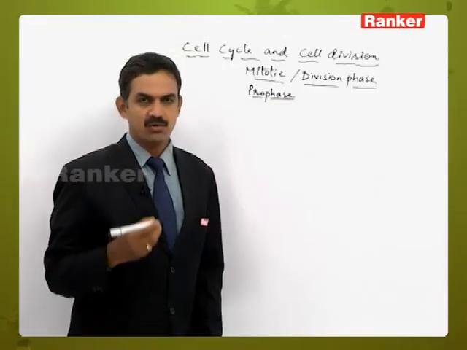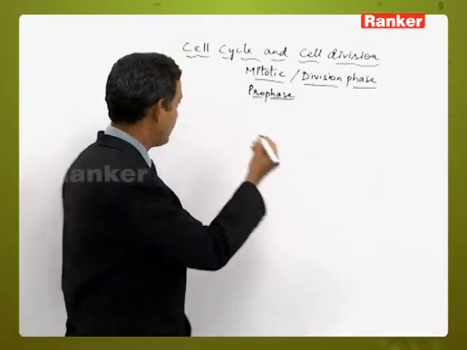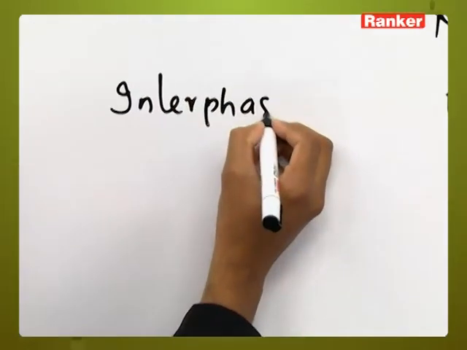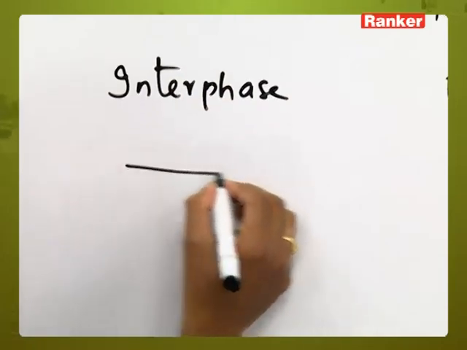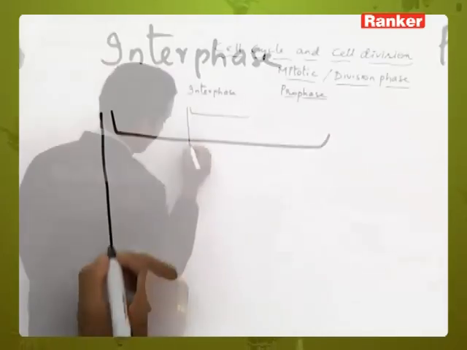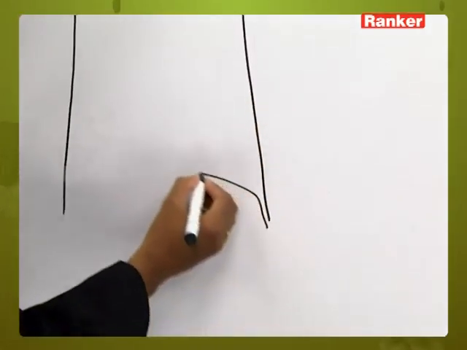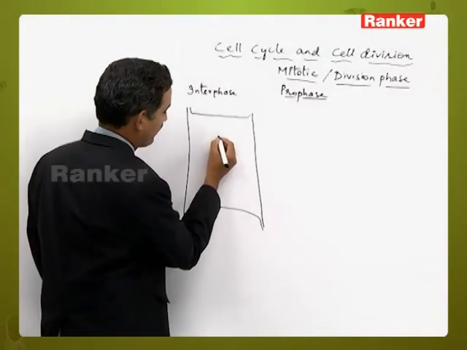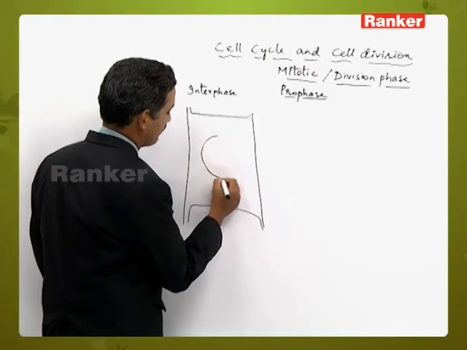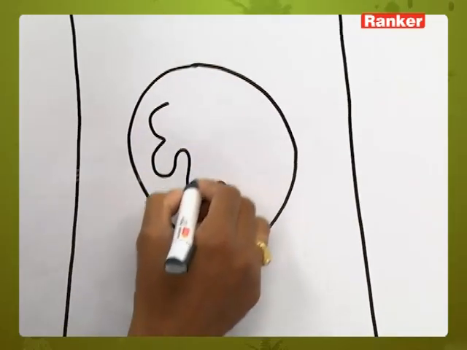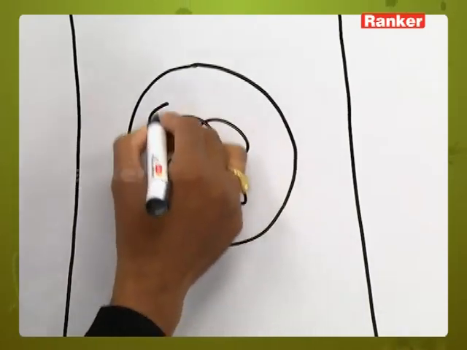Prophase actually follows the interphase. So if you see the interphase nucleus, the cell will be like this, with the nucleus, that is the nuclear membrane, and the chromatin irregularly present in a network-like structure.